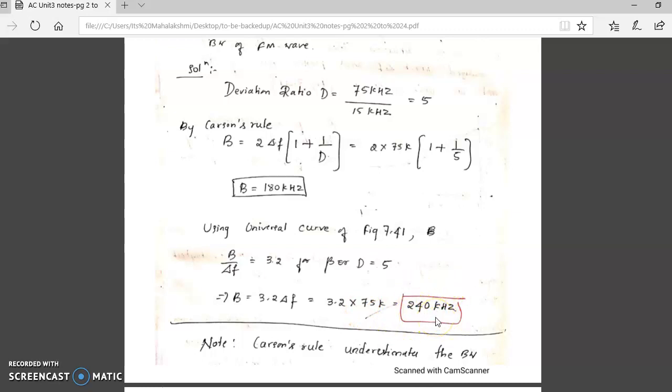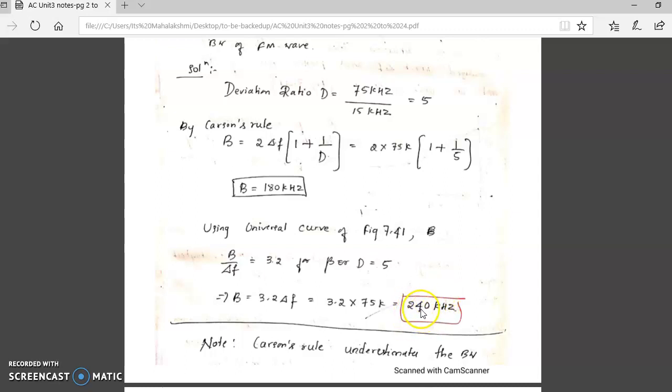Now you can compare this bandwidth obtained using the universal curve with the bandwidth obtained using Carson's rule. This is 180 kilohertz and this is 240. As I have already told, Carson's rule will underestimate the bandwidth. The more accurate bandwidth can be obtained by using the universal curve.